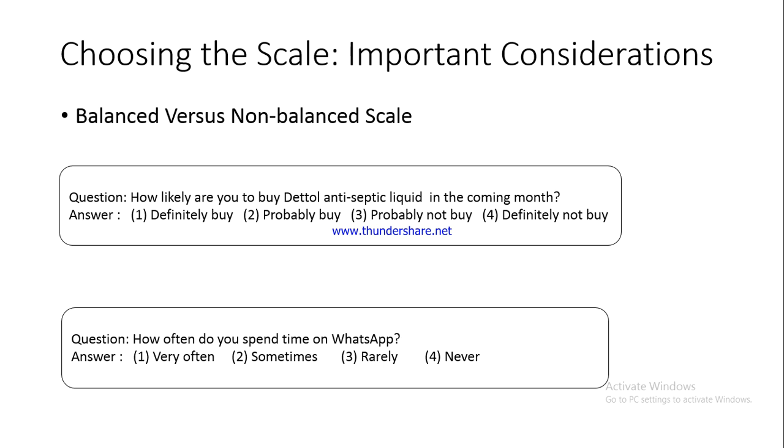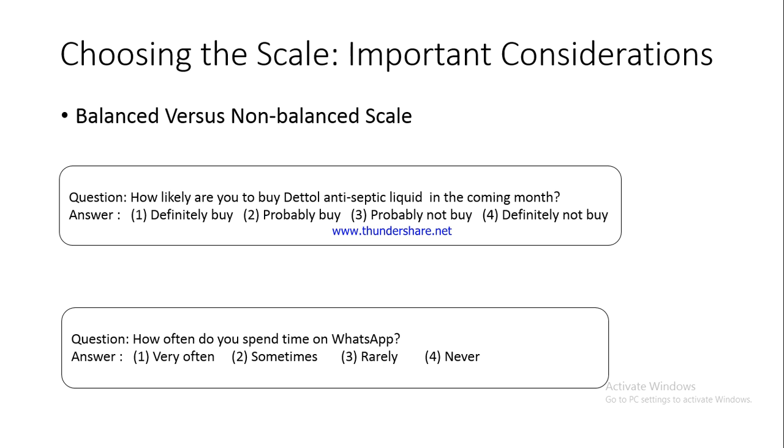If the time spent is too high or too long, then he is probably going to answer very often, and if the time spent is very short, maybe hardly 10 minutes or 20 minutes, then probably he is going to answer rarely. But whatever be the case, if his answer is 1, 2 or 3, if he picks any one of these categories, this means that he is certainly spending time on WhatsApp.